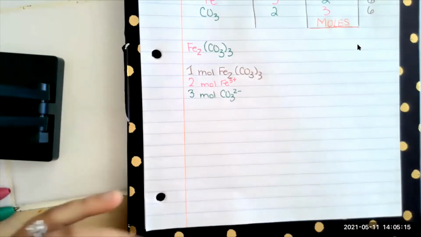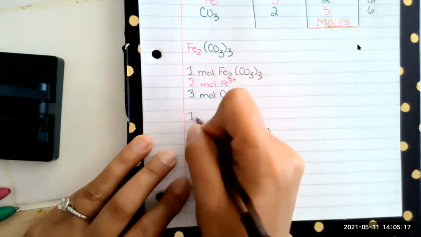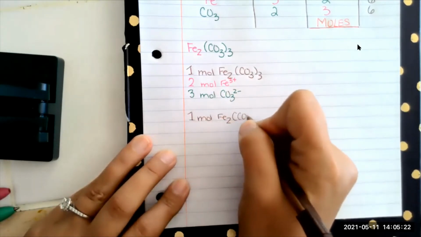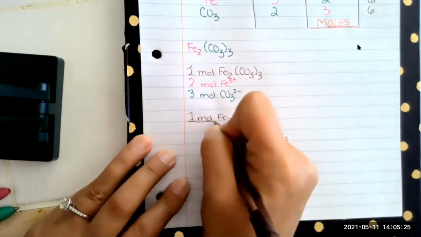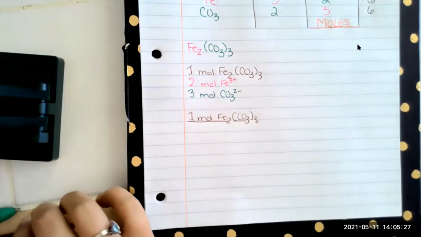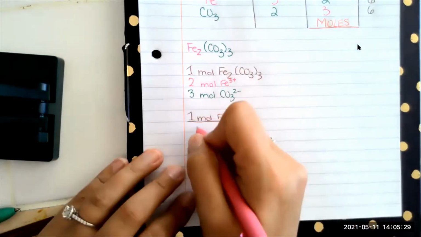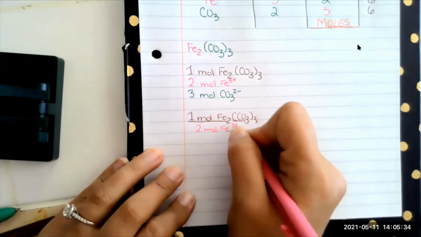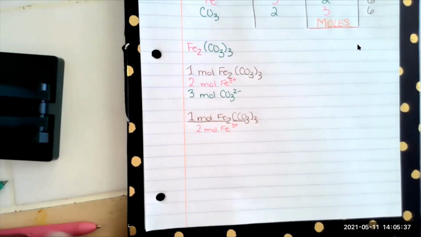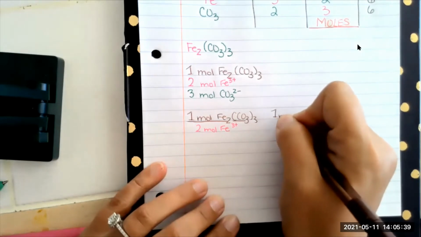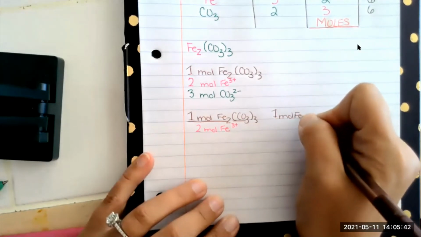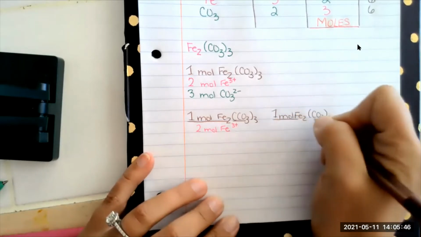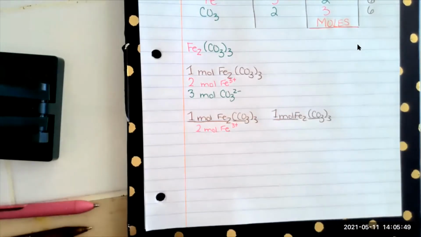So for every 1 mole iron 3 carbonate, I do have 2 moles of iron. And for every 1 mole iron 3 carbonate, I do have 3 moles of carbonate.